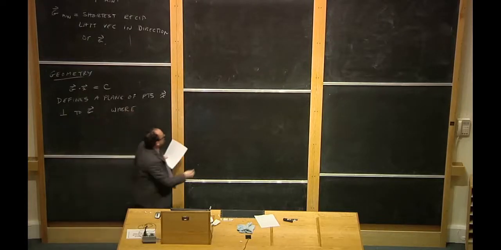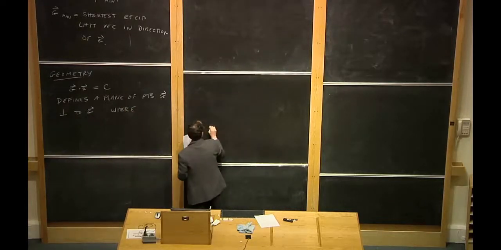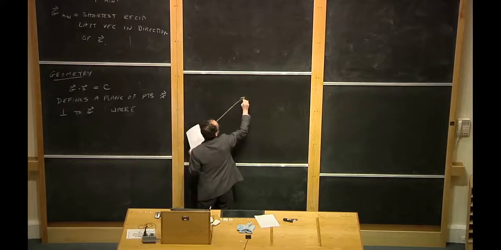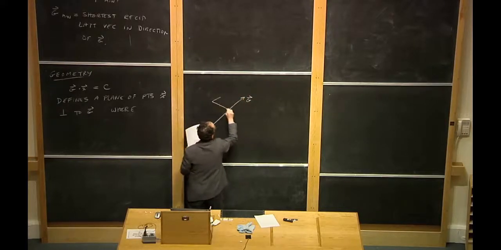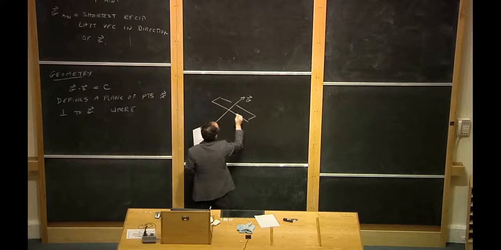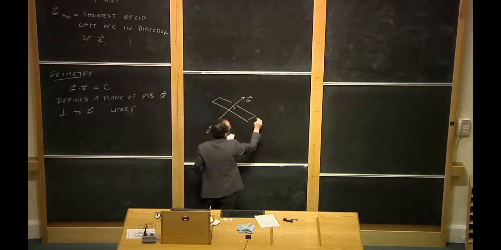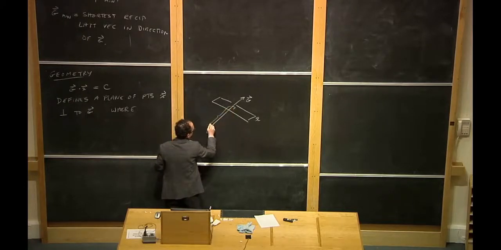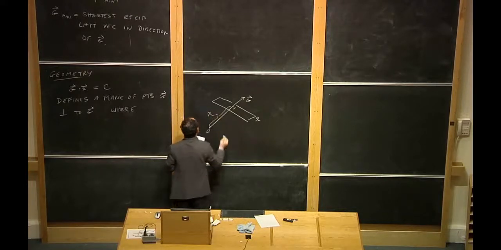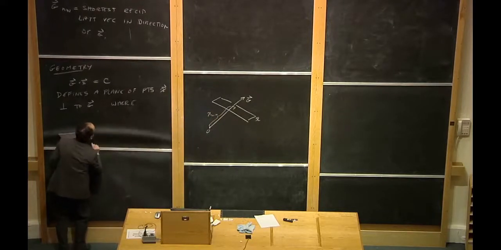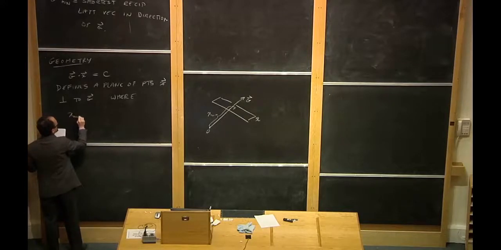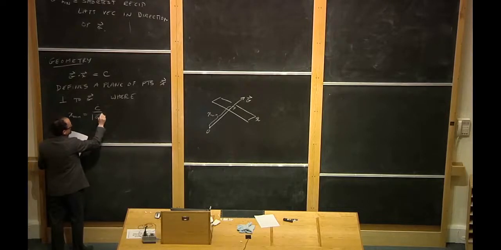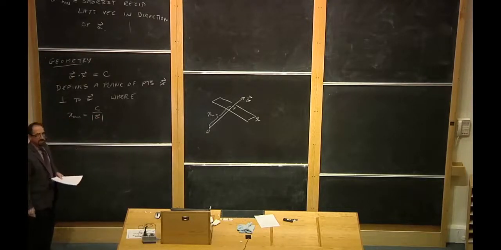Let me actually draw this over here. So here's the point 0, here's the vector G, here's the plane perpendicular to G, which we're calling x. This is the plane of points x. And the distance from 0 to the plane, let's call that x min, the minimum distance to the plane, equals c over the absolute value of G. Okay, does that geometry look familiar from before?